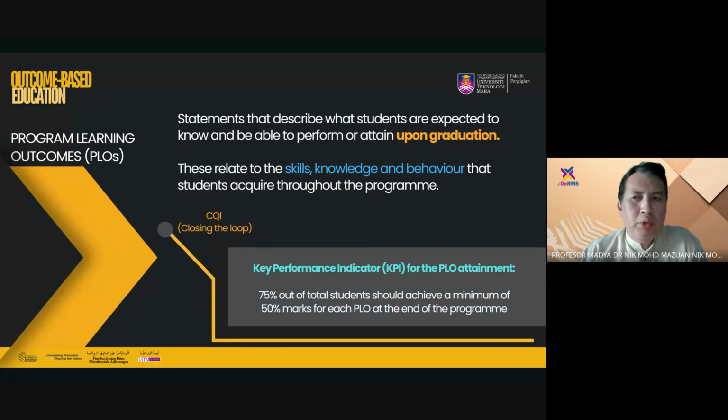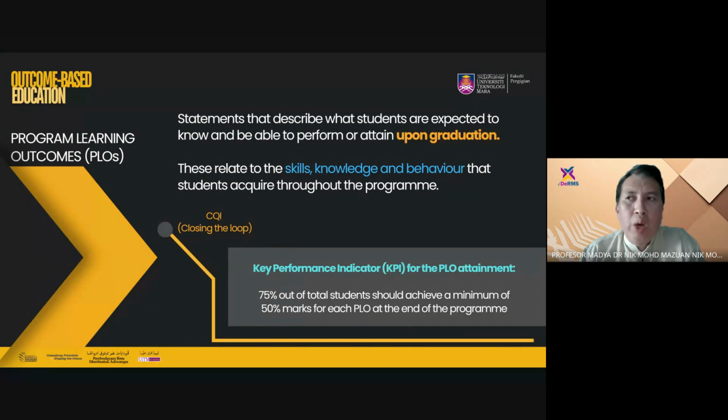Because PLO is a program-level outcome, maybe out of the 14 courses in our BDS program, I'm just taking the BDS program as an example, let's say 8 courses map to PLO number one. But which assessment in each course maps to PLO number one?